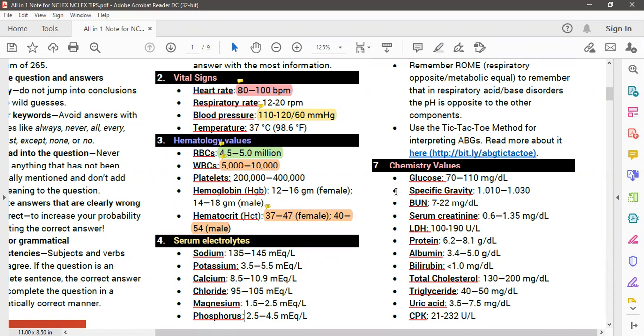Next here, some blood chemistry. Let me explain. First one here, blood glucose level. The blood glucose normal is 70 to 110 milligram per dL, right? But if we see anybody's blood sugar level more than 110, we can tell it is hyperglycemic.